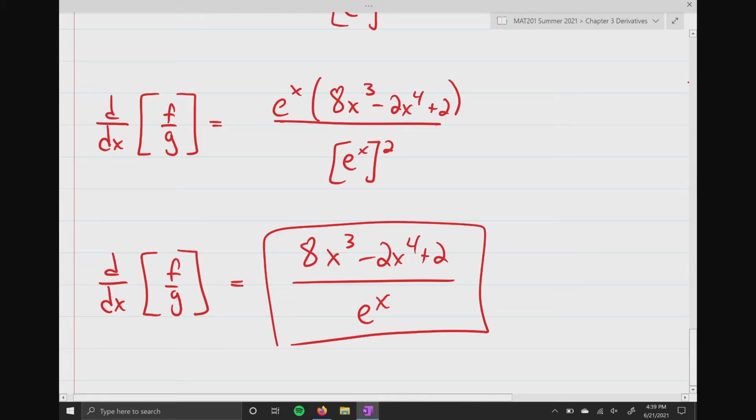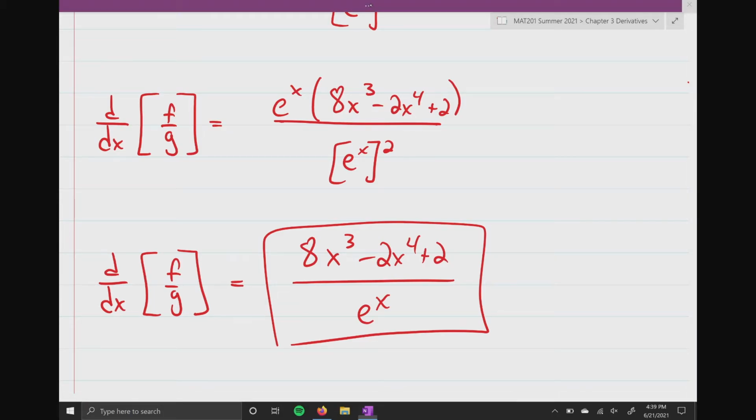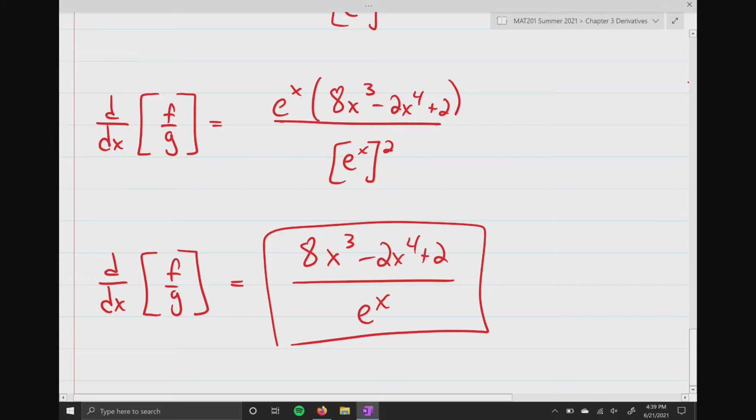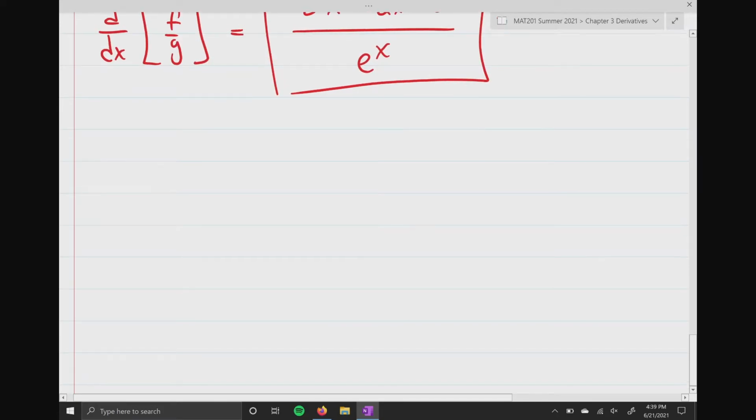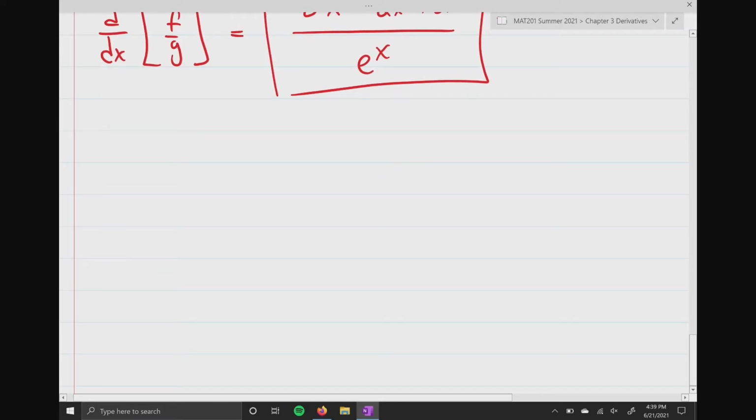So, for example, we could come across a problem that looks like this. Let's say given y equals 2x squared over 3x minus 1 with a equal to 1.